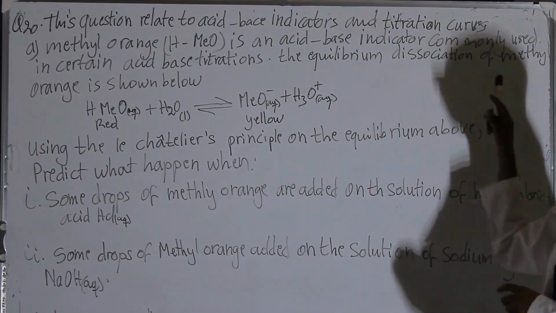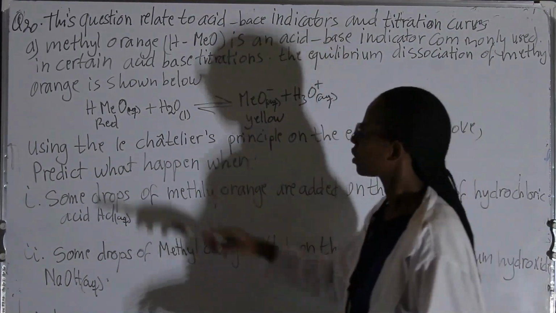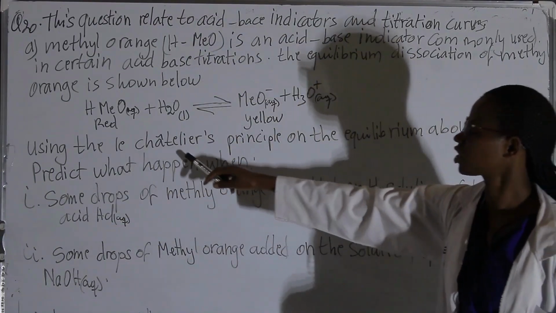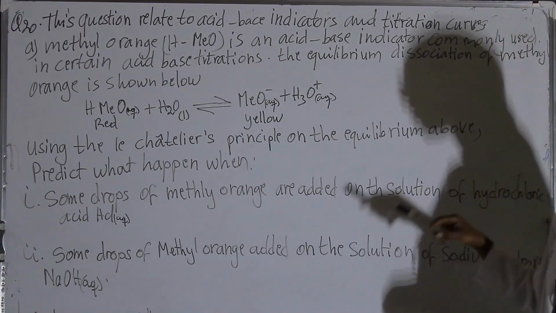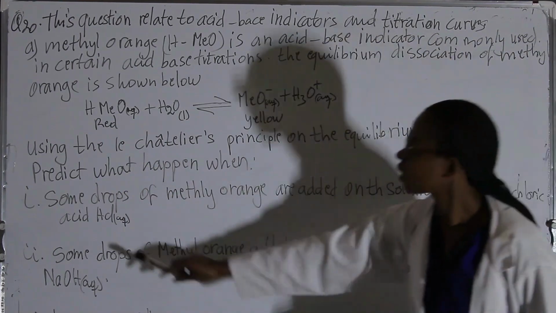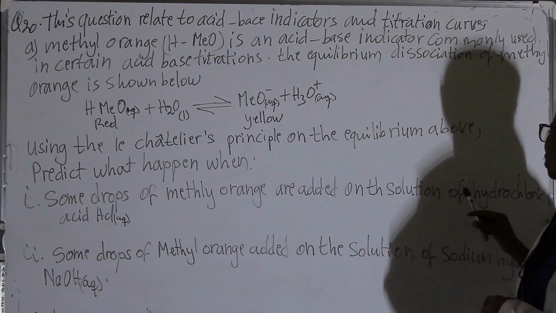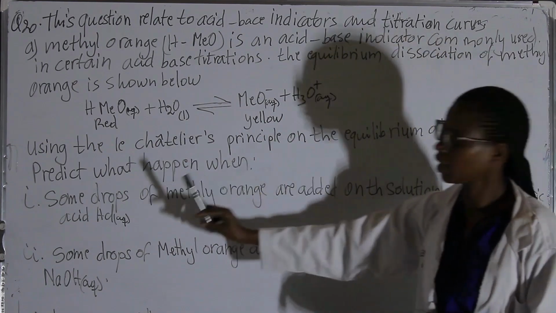The equilibrium dissociation of methyl orange is shown below. Using Le Chatelier's principle and the equilibrium above, predict what happens when some drops of methyl orange are added to a solution of hydrochloric acid.